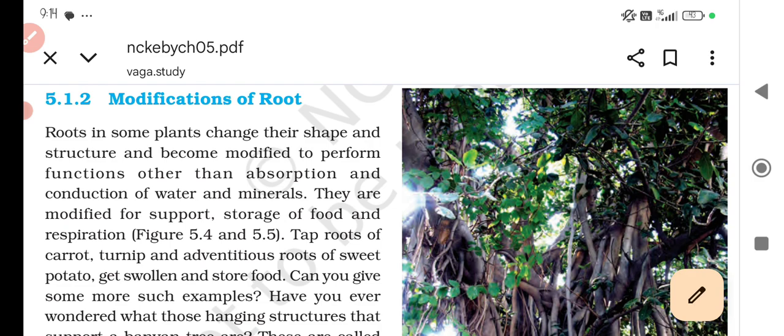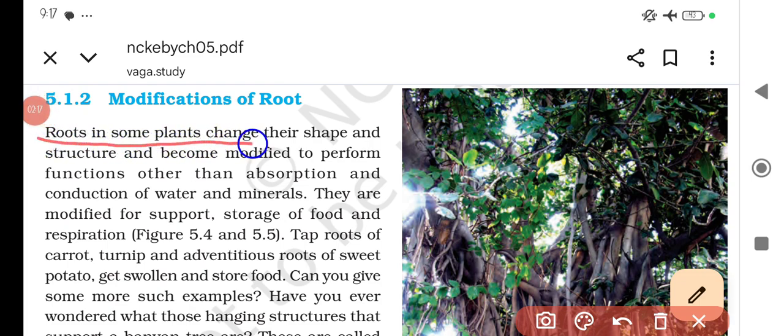The root will start performing new, additional functions, other than conduction of water and minerals. That is modification. Modification means change in the external structure and also performing additional functions.